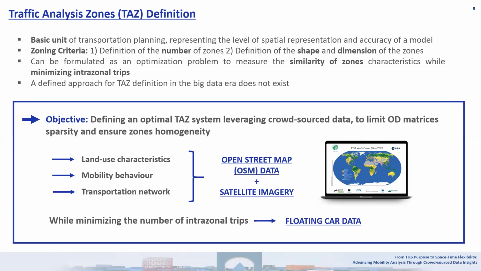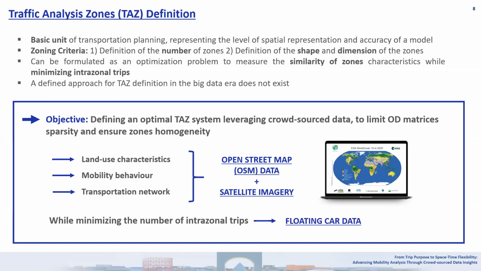Because if we use zones that are too small or too big and do not reflect the real necessities of our traffic study or study area, or if our zones do not respect the physical barriers or the boundaries of the area that we are analyzing, then the rest of the modeling will not accurately reflect the real conditions on our road network.